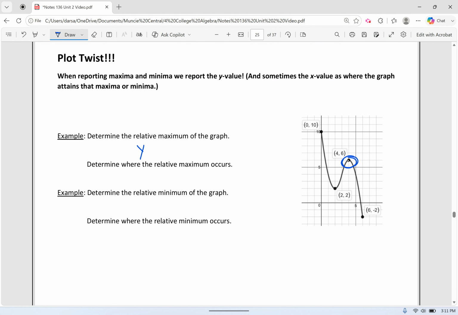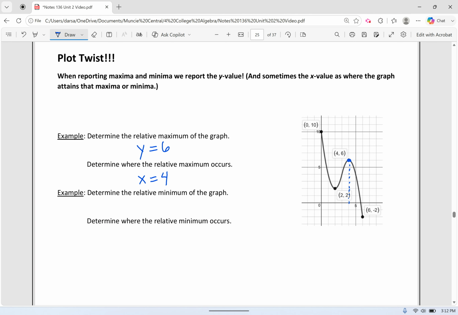Well, that maximum y value, that tippy top, happens to be y equals 6. Where this gets a little confusing is sometimes we don't want to just know what the max of 6 is, but we want to know what x the max happens at. So where does the relative max occur? That maximum occurs at 4.